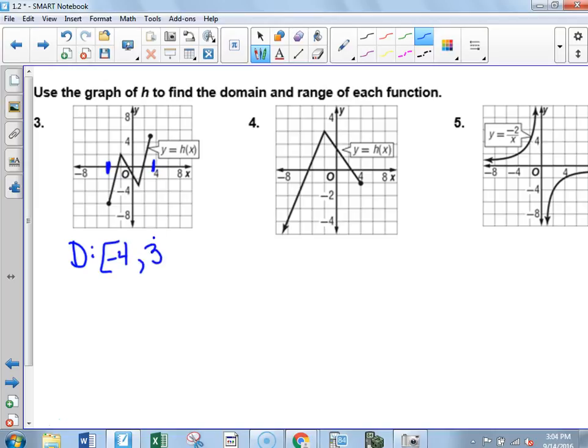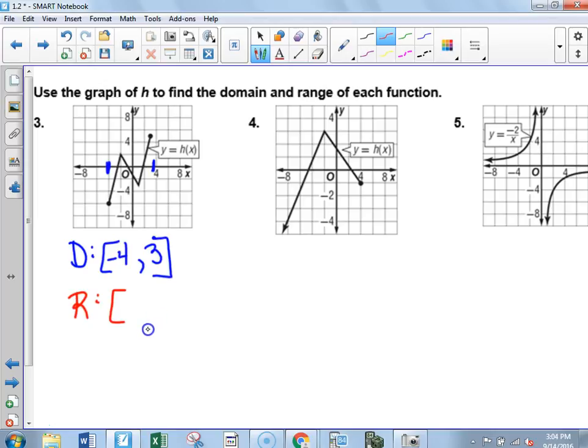Hard bracket or soft bracket? When would it be soft, guys? Open circle. Yep. This has a solid circle, so we're going to go with that. All right. Michaela was brave and went first. Omar, what's going on with the range on this one?